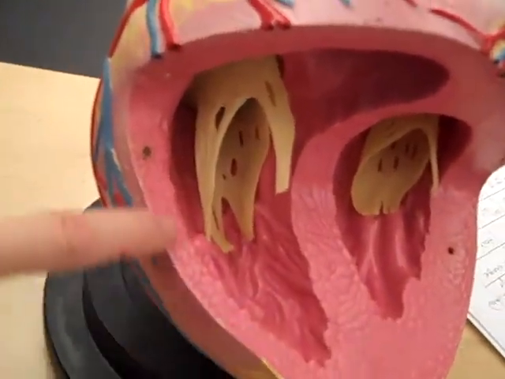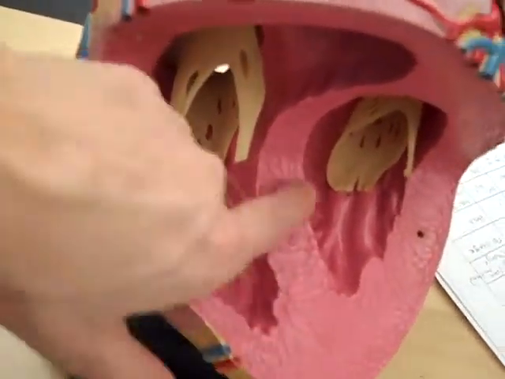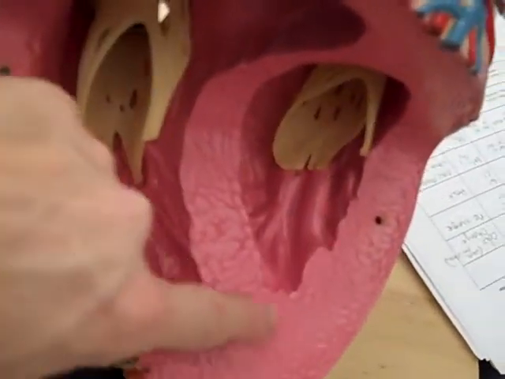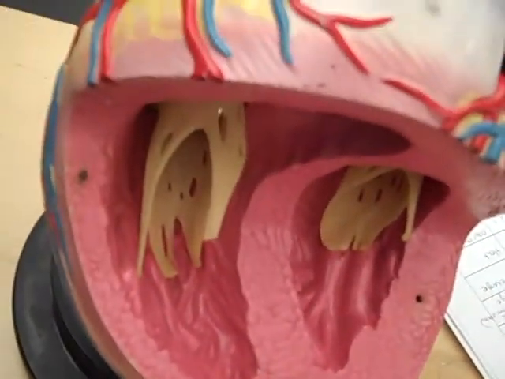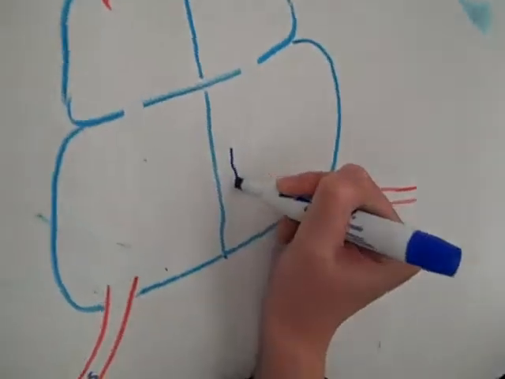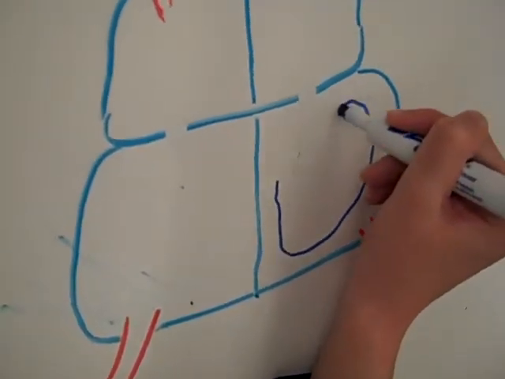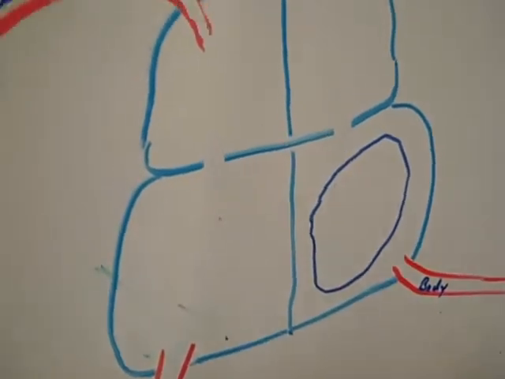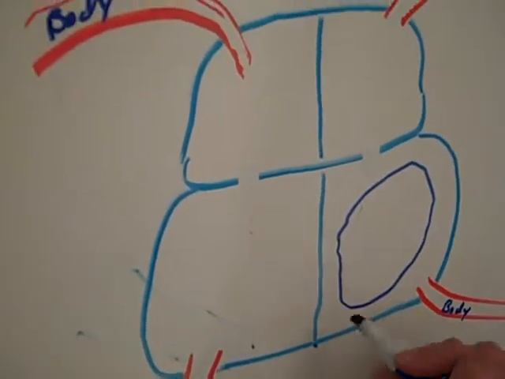See on this model here how this side is kind of a thin wall, and this is very muscular. So I want you to represent that on your drawing. So just draw it real strong and thick. Okay, so that one's real strong and thick, very muscular, whereas the other one is not so muscular.